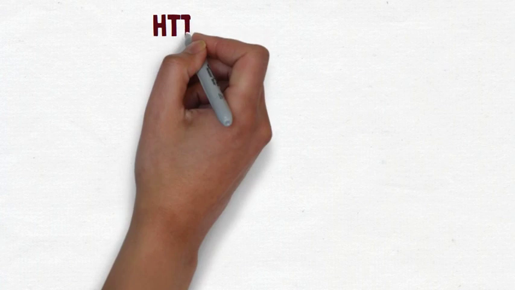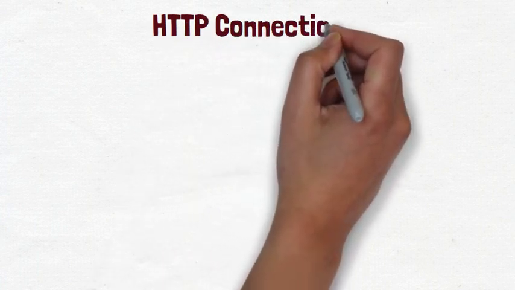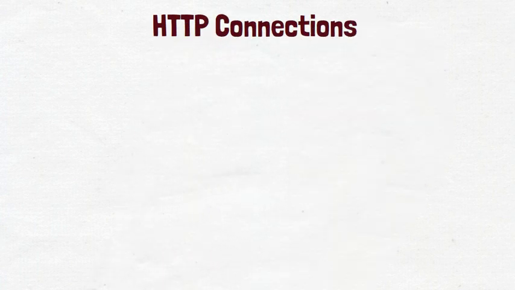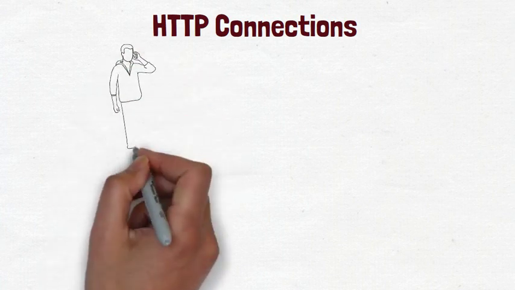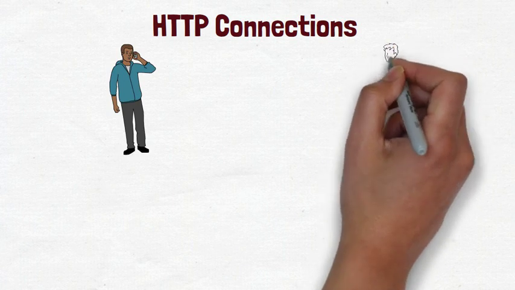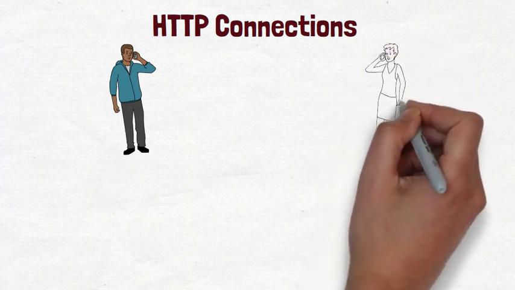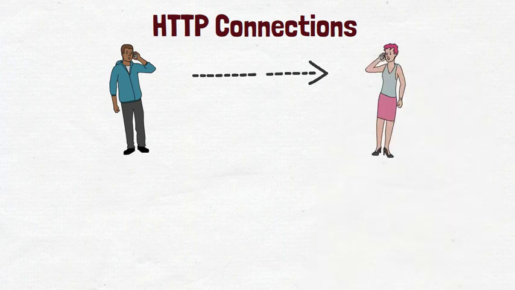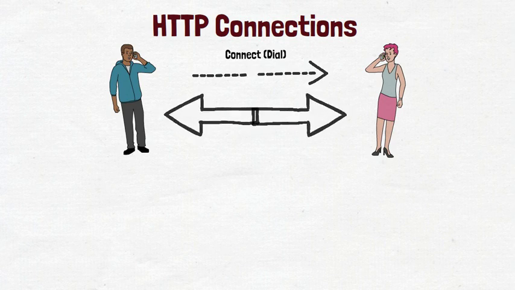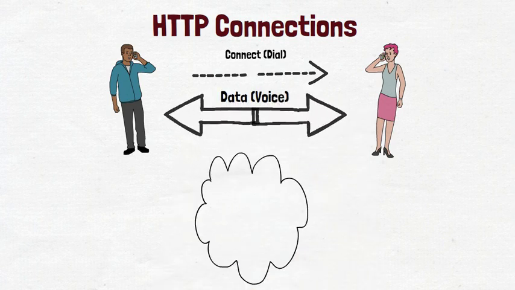So let's discuss how computers form HTTP connections in order to use this protocol to move data from one computer to another. In many ways, the way a computer forms a HTTP connection in the cloud is the same as how a phone call is made. In a phone call, one person initiates the call by dialing, but once the call is started, the voices travel in both directions.